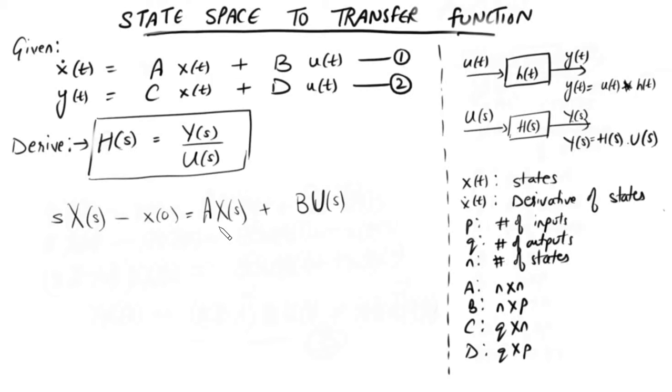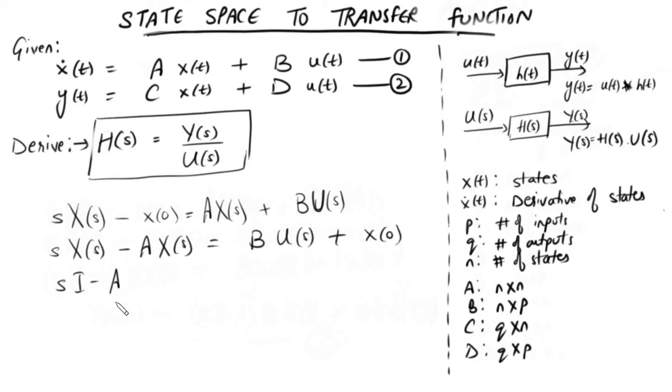Okay, we'll collect all the x of s terms on one side. So s times x of s minus A times x of s is equal to B times u of s plus x of 0. That is, sI minus A times x of s is equal to B times u of s plus x of 0.